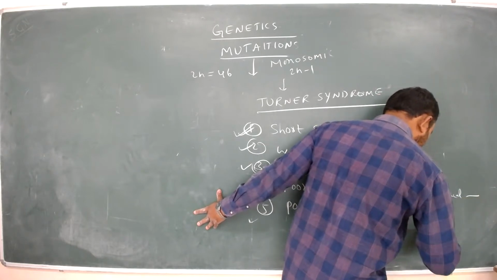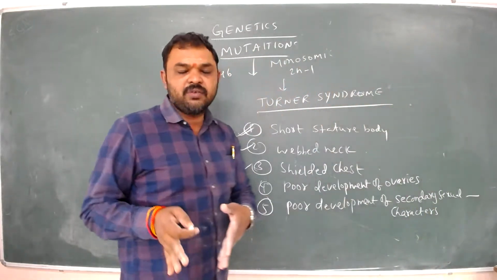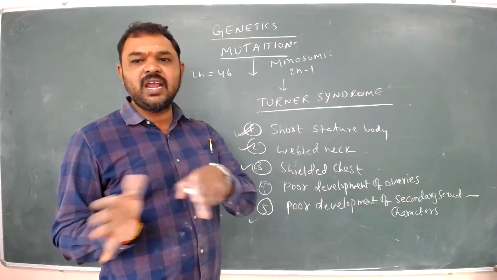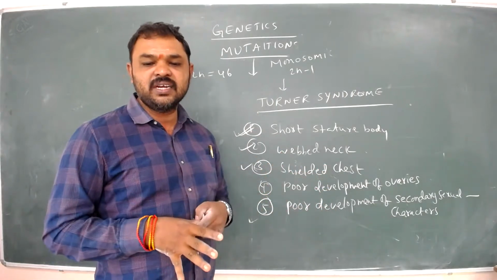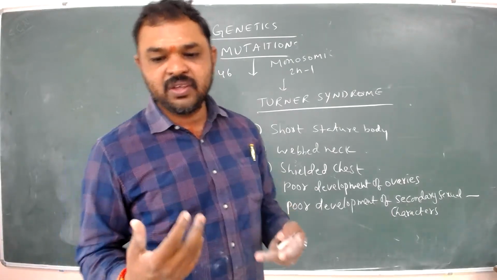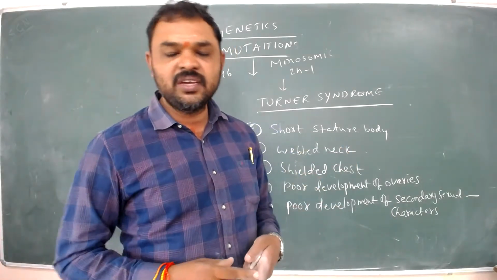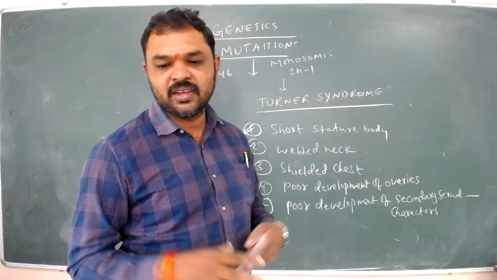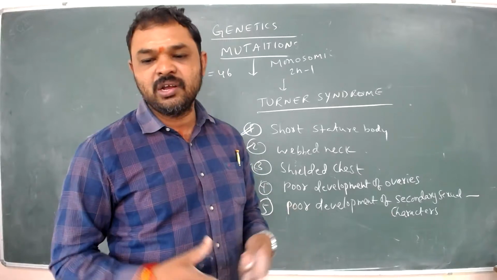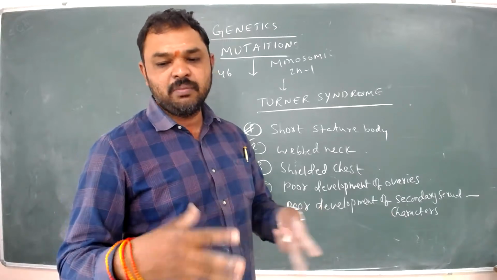Secondary sexual characters are the visible characters by which we can identify whether a person is male or female. Male secondary sexual characters are beard and mustache hairs and pubic hairs. In females, they are development of breast and development of hips during the maturity period.